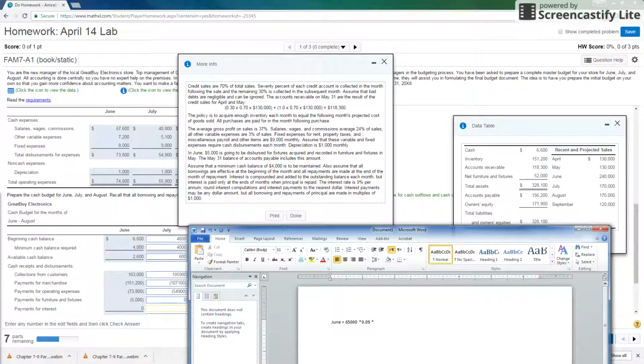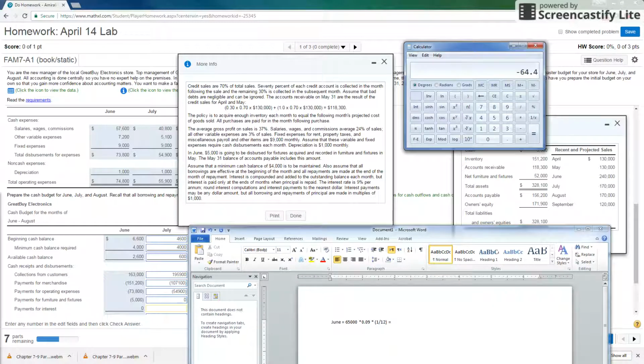And since the rate is for 1 year, we have to divide it by 12 to find the interest that we have to pay for the June. So 65,000 multiplied by 9% divided by 12.